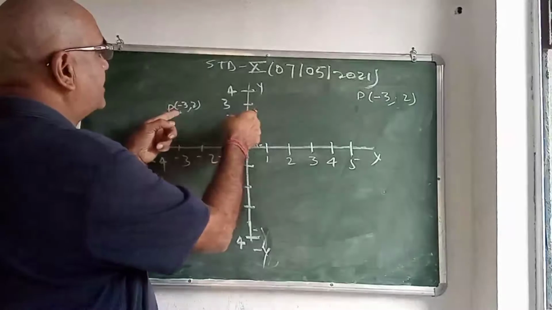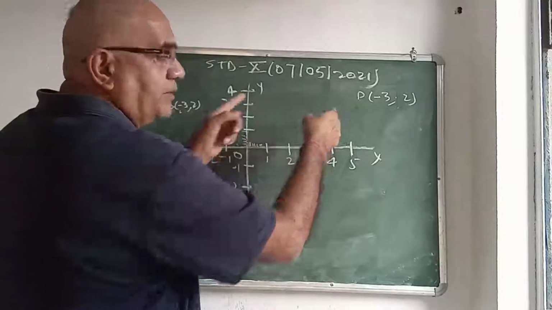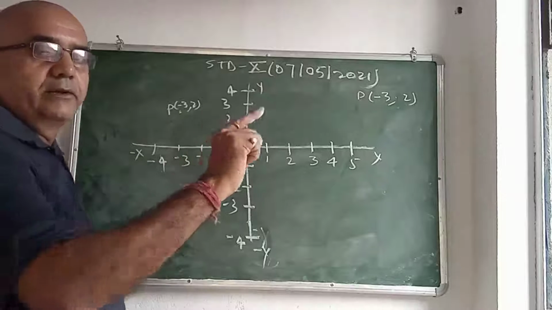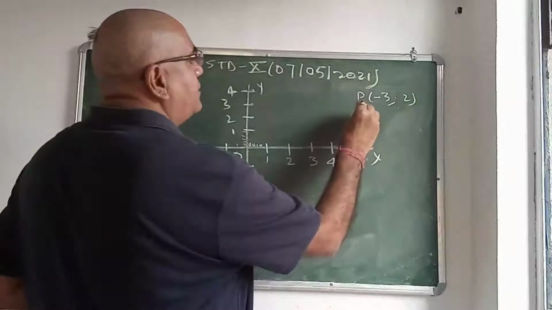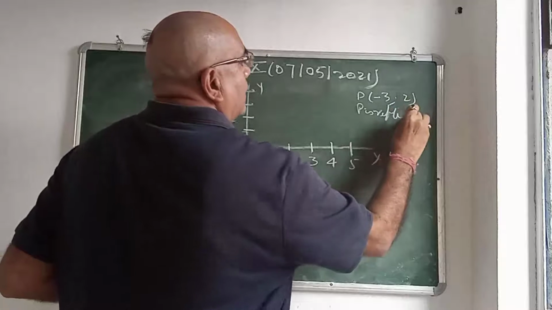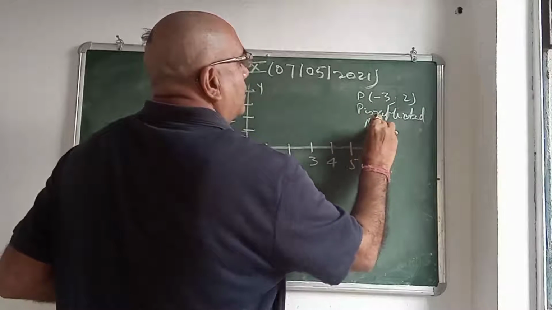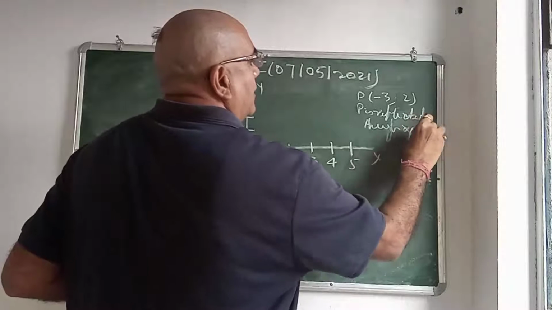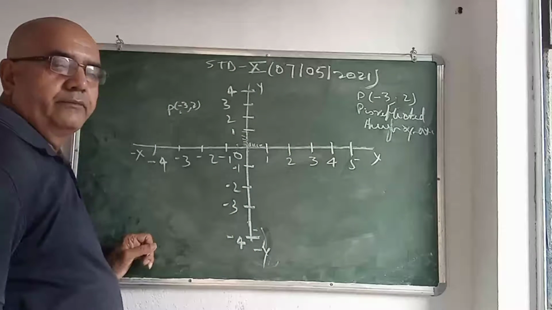This is the object distance. The image will be on this side, because it is given that P is reflected through the y-axis. The y-axis is the mirror.